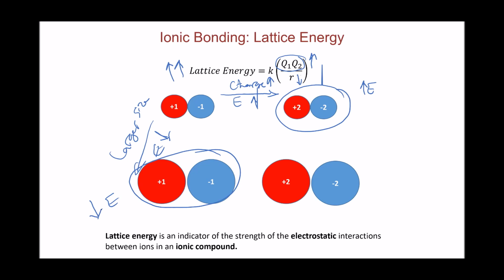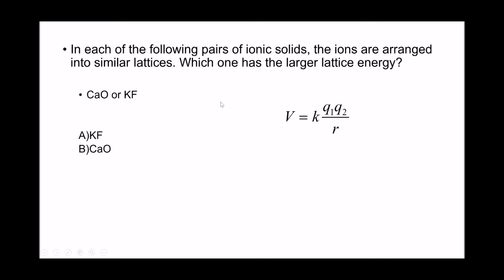Okay, so we'll finish the session today with a clicker question here to just exercise on this concept. For each of the following pairs, calcium oxide versus potassium fluoride, which one will have larger lattice energy?